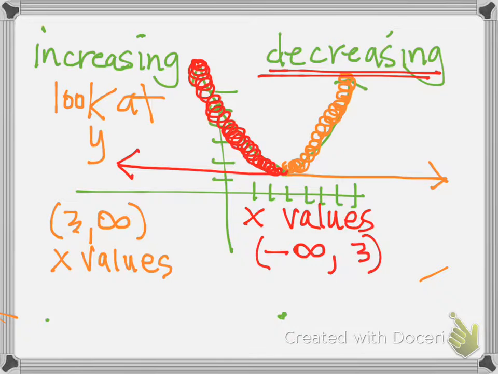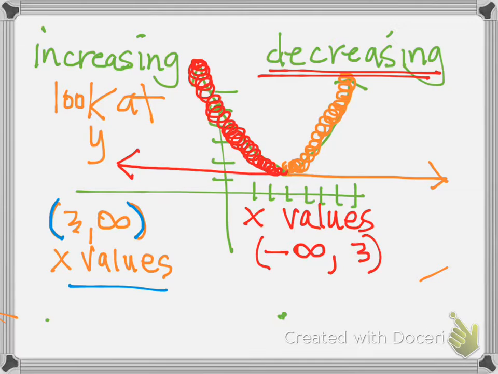When you talk about increasing, you look at what y is doing, but you always answer these questions with x values. So the x values are from 3 to infinity. You make the brackets curvy brackets. You don't include 3. 3 is really called a point of inflection. It's where it changes. So you don't include 3.